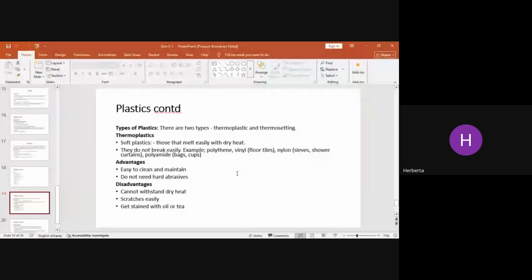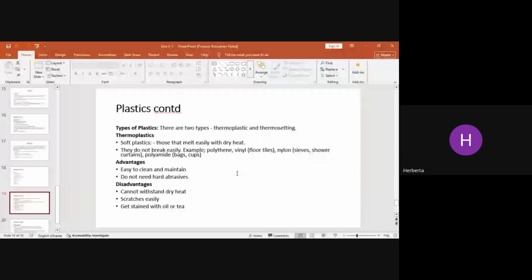The thermoplastics are soft plastics, very soft. Those that are soft are used for polythene bags, vinyl, nylon seats, curtains, especially the bathroom curtains. That is the thermoplastic. What are their advantages?